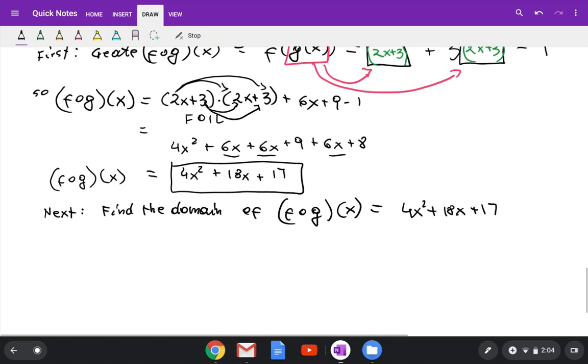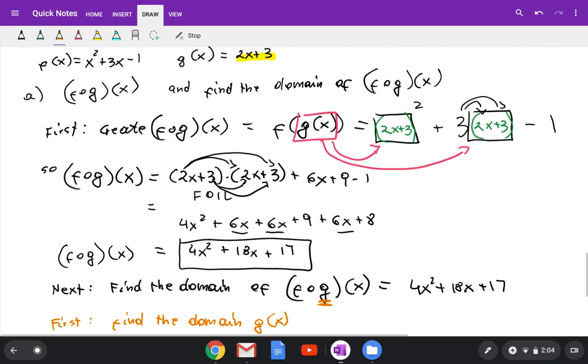So the notes which I gave you, like you guys see, inside it's function g. Okay, so first find the domain of the inside function, which is g of x.